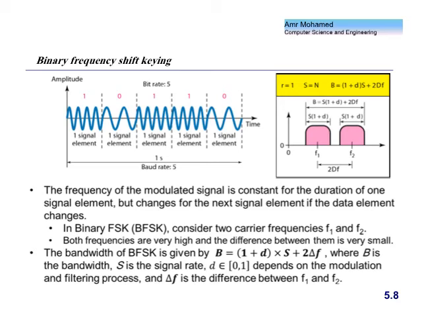So the minimum bandwidth for FSK is essentially double the bandwidth of ASK, right?